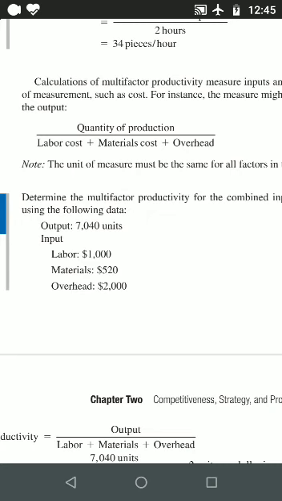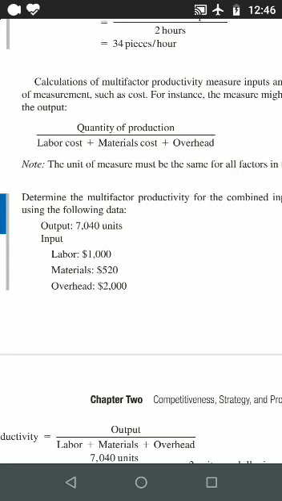There are not 2, 3 labor, 4 labor, 5 labor. It is given in terms of $1000. So they have converted the number of labor into the cost of labor. So the total cost used for labor in production of 7040 units is $1000, and the total material used for this production is $520, and overheads are $2000.